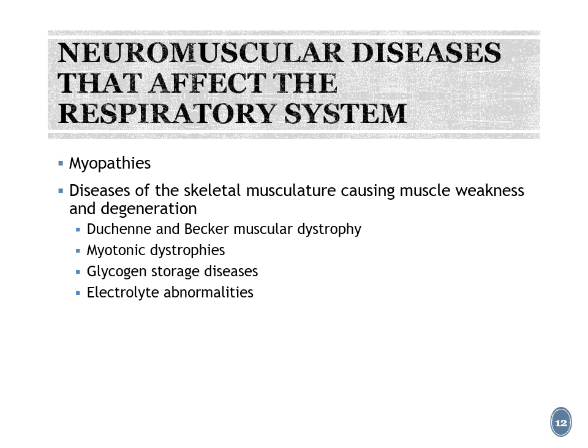DMD presents early in childhood with proximal muscle weakness, which manifests as difficulty in running, climbing stairs, and standing. By adolescence, almost all Duchenne's muscular dystrophy patients are wheelchair-bound and require assistance with ventilation.